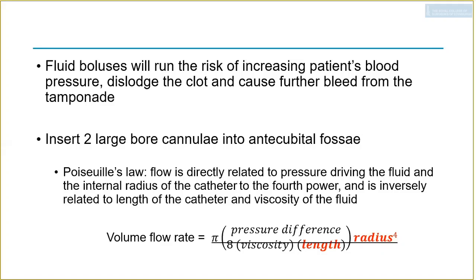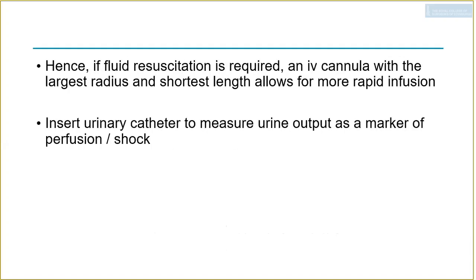You should put two large bore cannulas into the antecubital fossa and hold off the fluid unless the patient is not responding to you in a conscious manner. It's also important to assess how well perfused they are, and to insert a urinary catheter as a surrogate marker for perfusion.